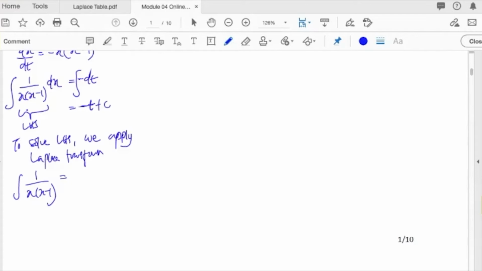The denominator, we can write this expression in terms of decompositions, where the denominator is decomposed into 2 different parts: the first part is x, and the second part is x minus 1.